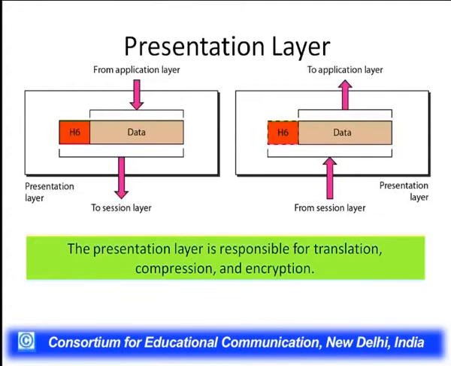Again at the receiving end, the presentation layer receives the data from the session layer, it unwraps the data, removes the H6 header, and passes on this data to the application layer of the receiving computer.